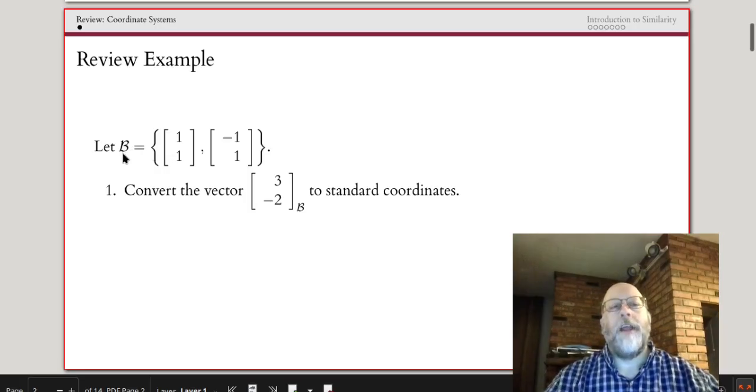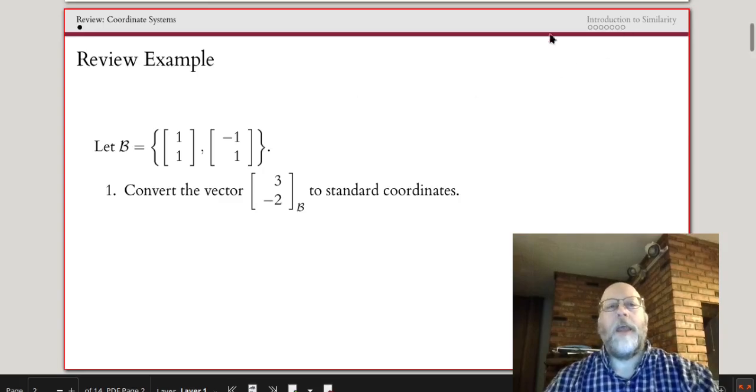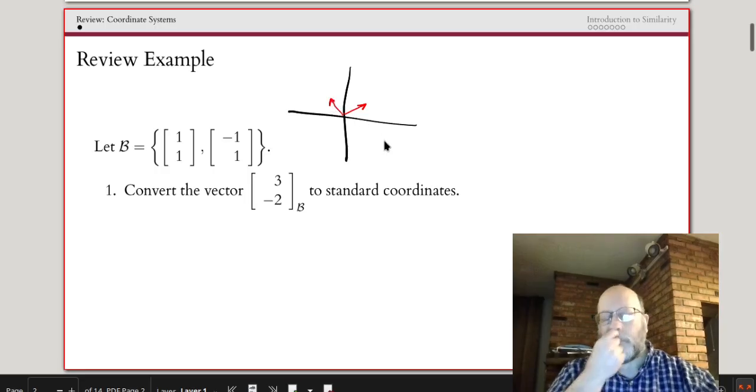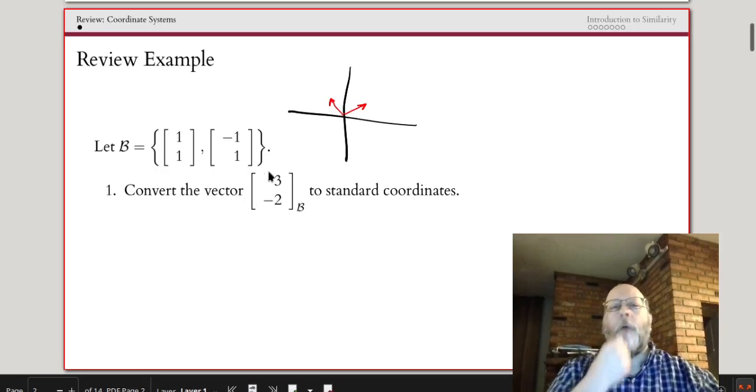So what we have right now is an alternate basis that consists of the vectors 1, 1 and negative 1, 1. So 1, 1 is right here, and negative 1, 1 is here. And I want to talk about this vector here.